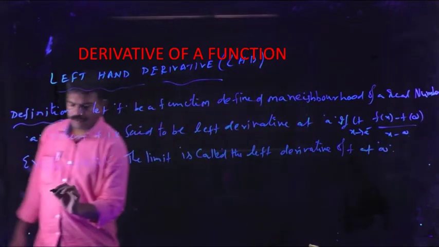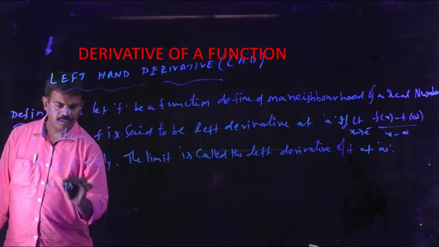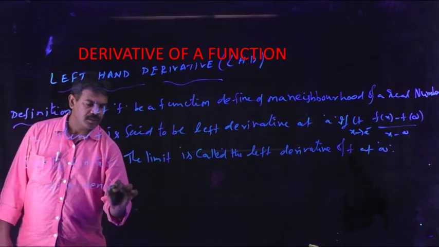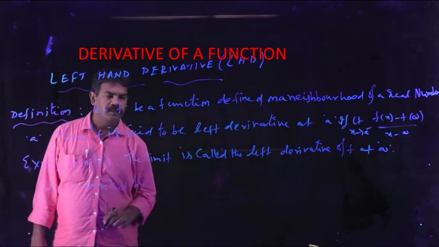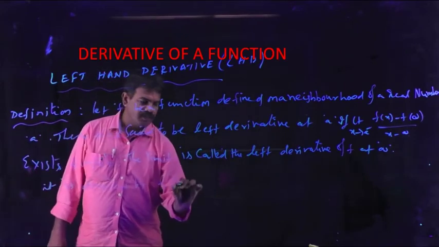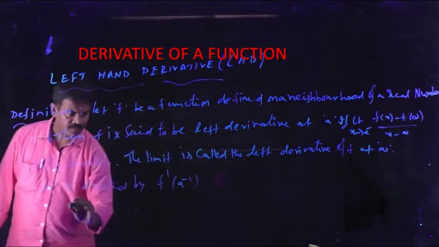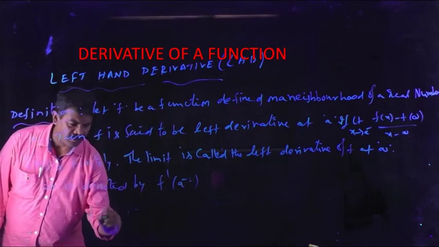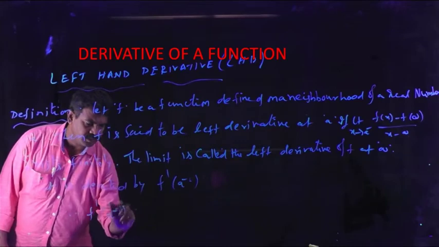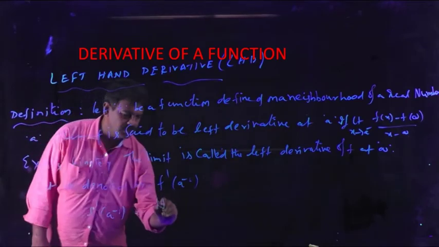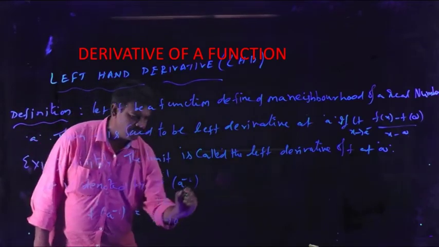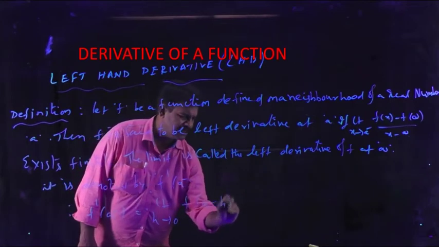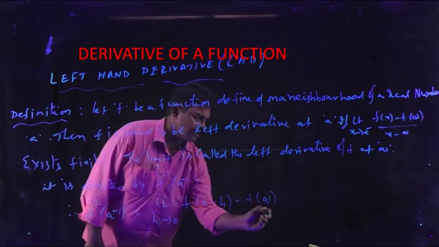It is denoted by f dash of a minus. Therefore, f dash of a minus is equal to limit h tends to 0 of (f(a minus h) minus f(a)) by minus h.